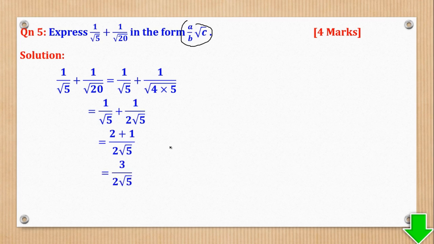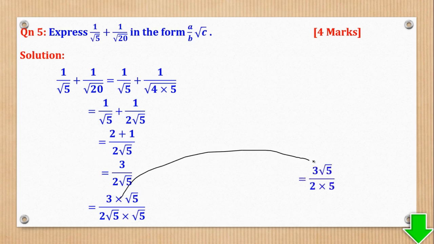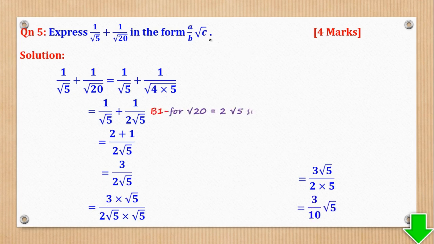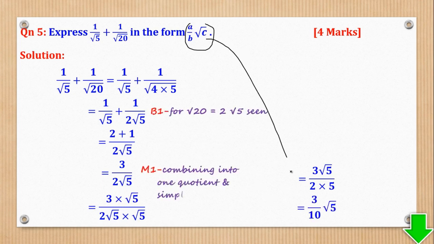So what we do, we rationalize. Rationalize means we multiply up and down by this surd, which is root 5. So this times root 5, this times root 5. You'll come up with numerator as 3 root 5 and denominator. Now root 5 times root 5 gives 5. But we also have a 2 here. So 2 times 5 gives you 10. And I think you realize it's already in the form which is needed.